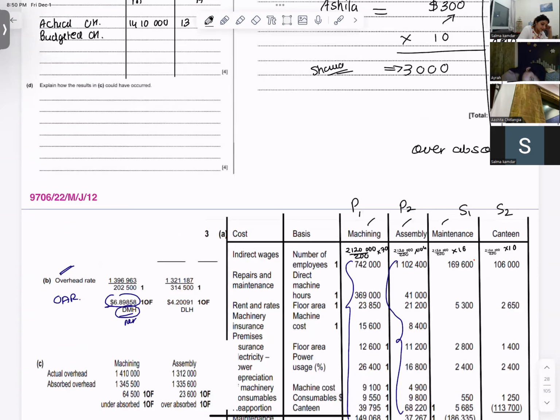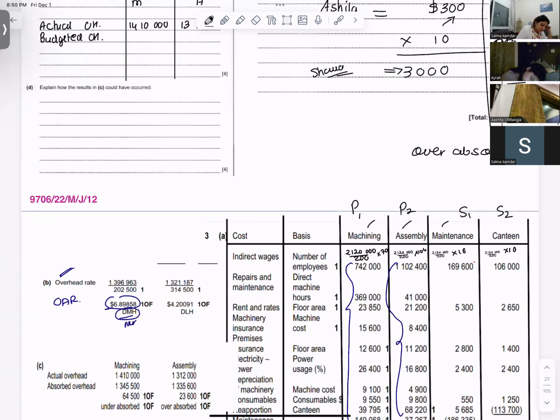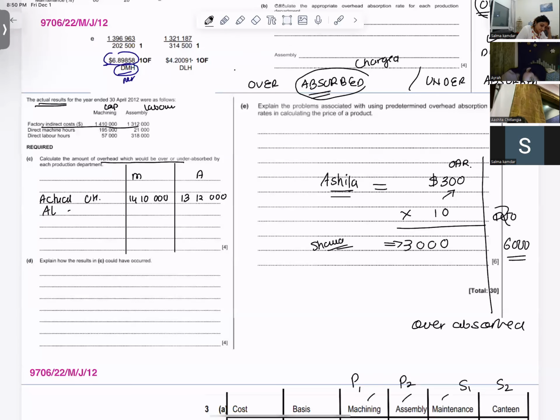How do you get your absorbed overhead? You do overhead absorption rate into actual hours. What is absorbed overheads? Your overhead absorption rate into actual hours.